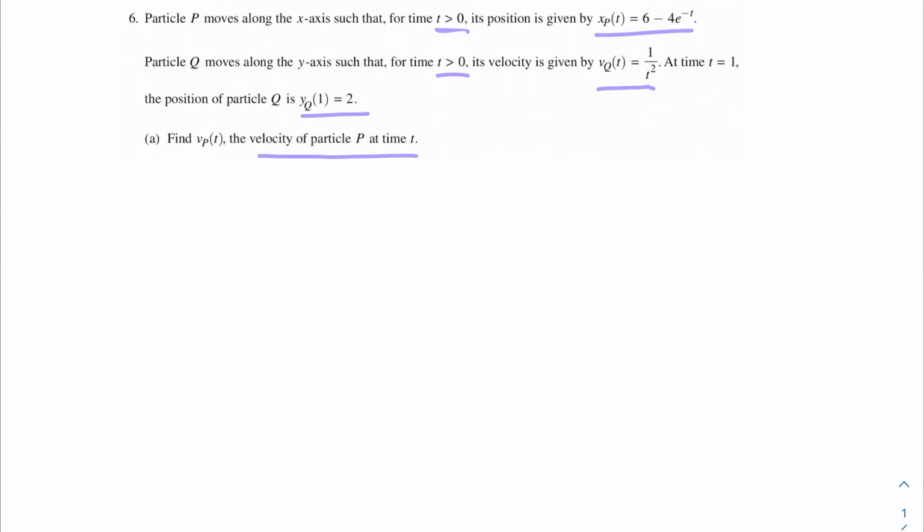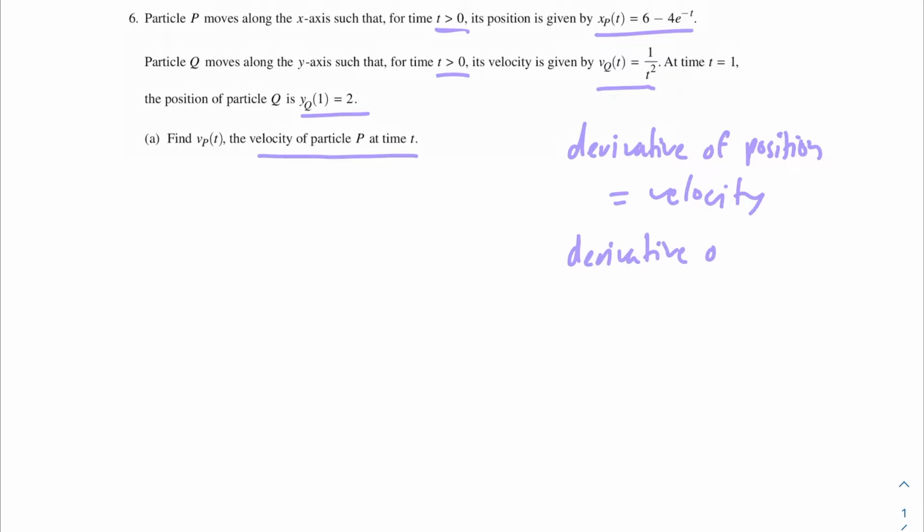I think before we start this problem, it would be really good for us to discuss the relationship between position, velocity, and acceleration. So the derivative of position is velocity. The derivative of velocity is acceleration. And you can think of this as a vice versa as well.